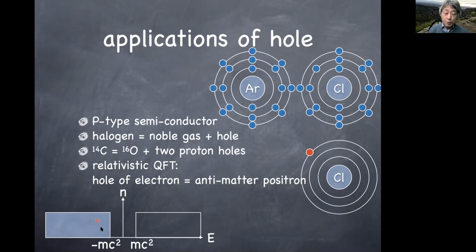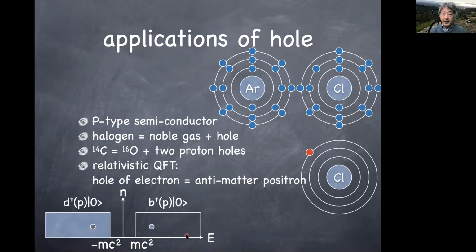Then you can remove one of the states with negative energy, and that is an absence of an electron with negative energy, which is the same thing as creating a hole of positive energy, and the hole now carries a positive charge, and that actually turns out to be the idea of an antimatter, namely the positron.